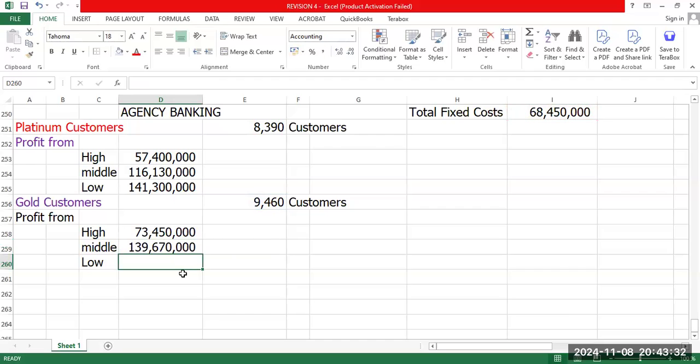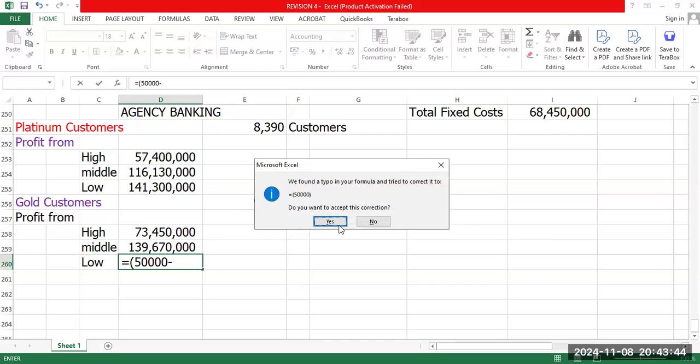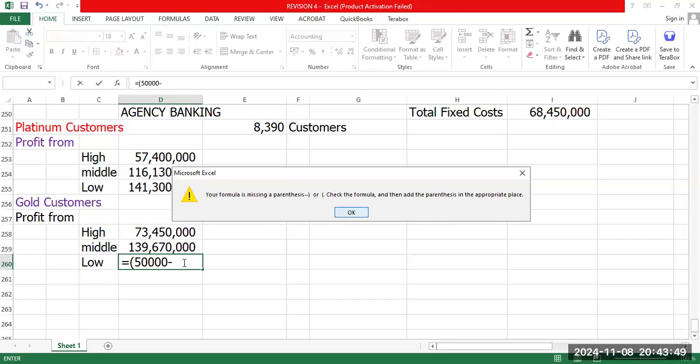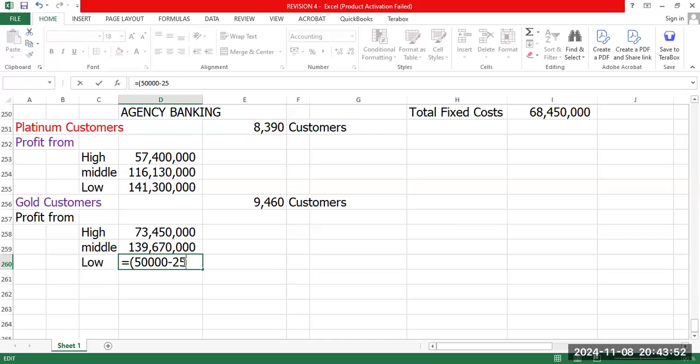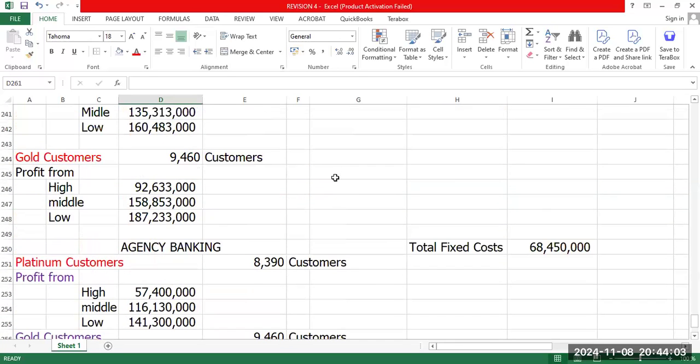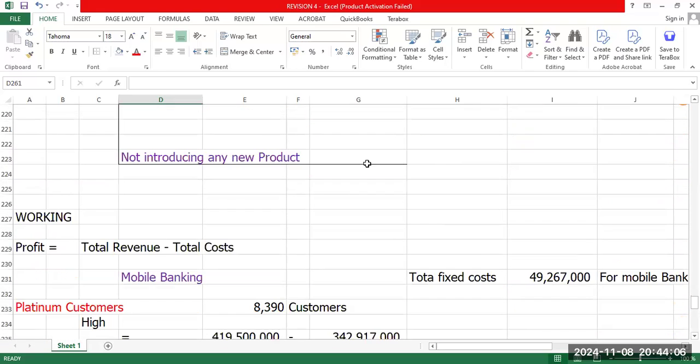You have this? Yes. Then here 50 minus the variable cost 25, then times this minus this. That's what you have, eh? Yes. So finally we fill in our table.